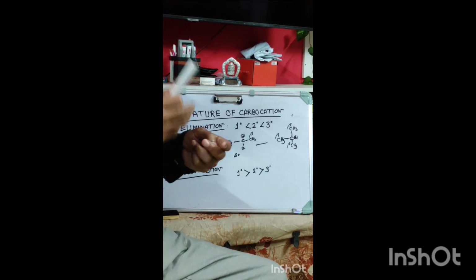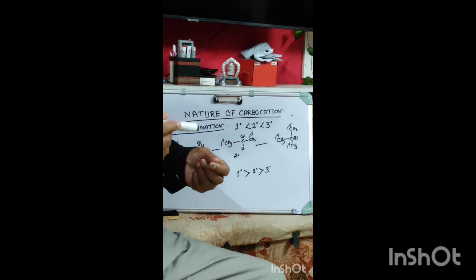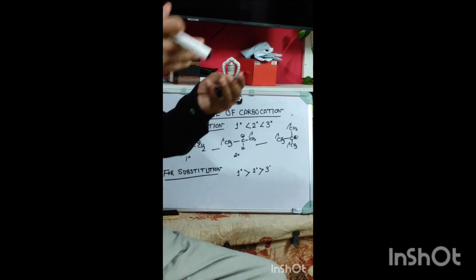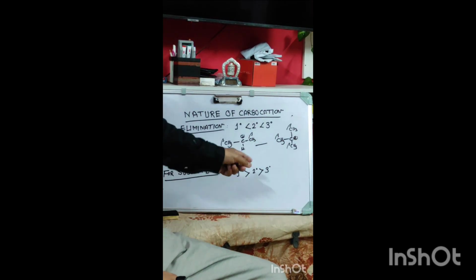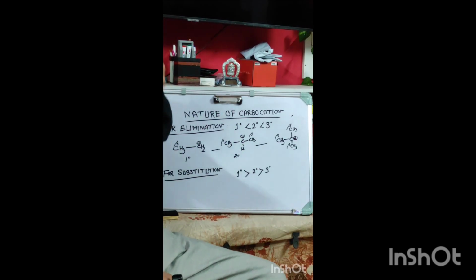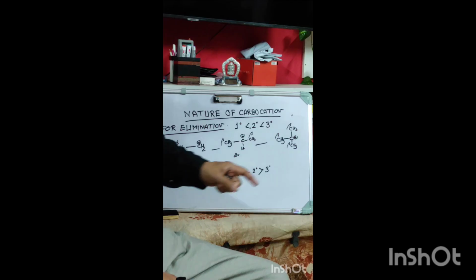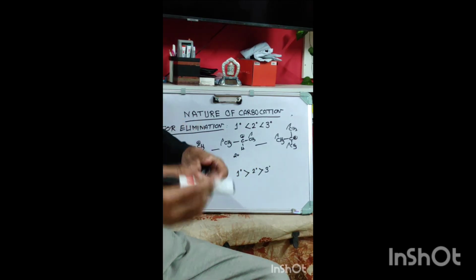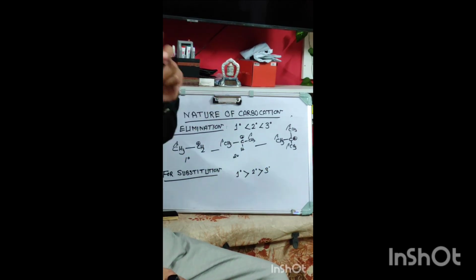Now for substitution reaction, the main important point is the ease of substitution. For 1 degree, there is minimum or practically nil steric hindrance. For 2 degree, it is a little more, and for 3 degree, the steric hindrance is much more.